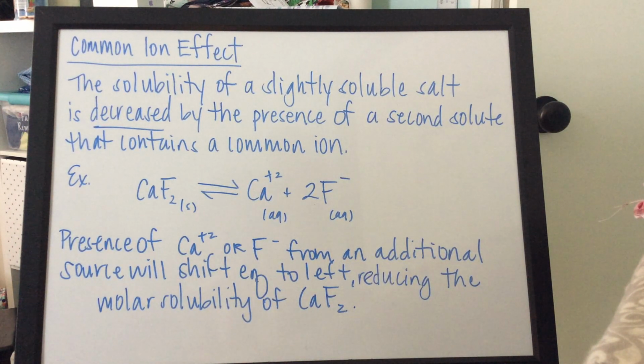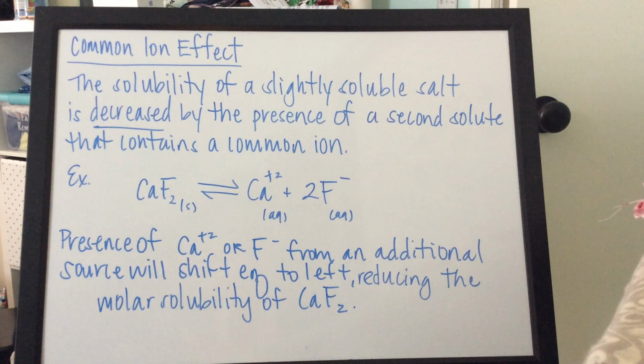So that's what this bottom part says: the presence of either calcium or fluoride ion from any additional source will shift the equilibrium to the left, and thus will reduce the molar solubility of the calcium fluoride.